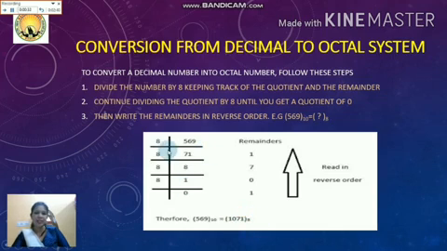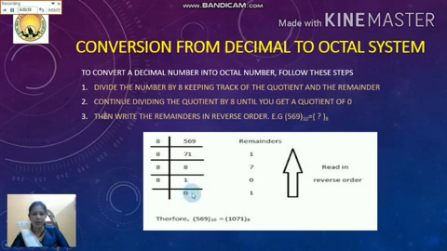Here 569 divided by 8, the quotient comes 71 and the remainder is 1. Now 71 divided by 8, the quotient is 8 and the remainder is 7. Then 8 divided by 8, the quotient is 1 and the remainder is 0. Now 1 divided by 8, 8 zeros are 0, the remainder becomes 1 and the quotient becomes 0.